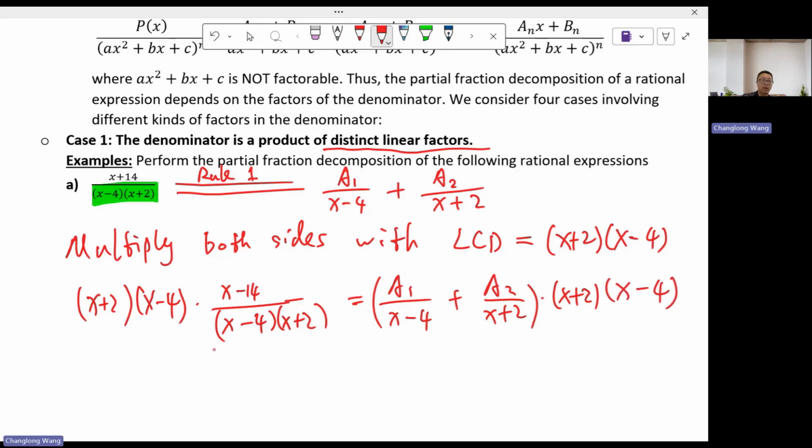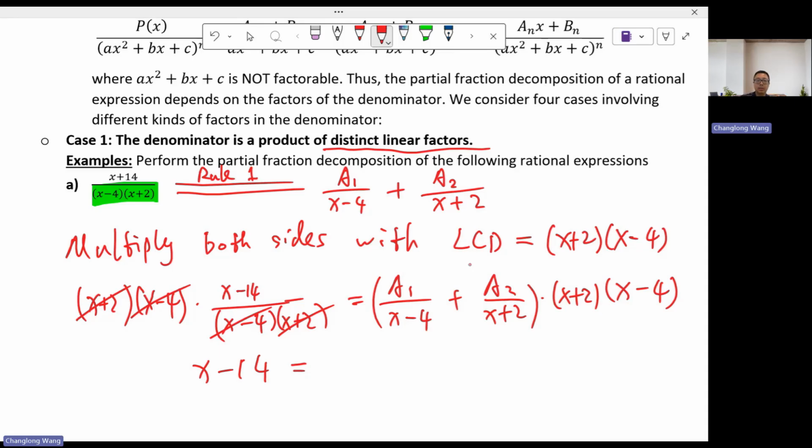On the left-hand side, it's trivial because it's supposed to cancel the entire denominator. You're left with just the numerator, x plus 14. On the right-hand side, just be careful that you have to distribute that LCD.